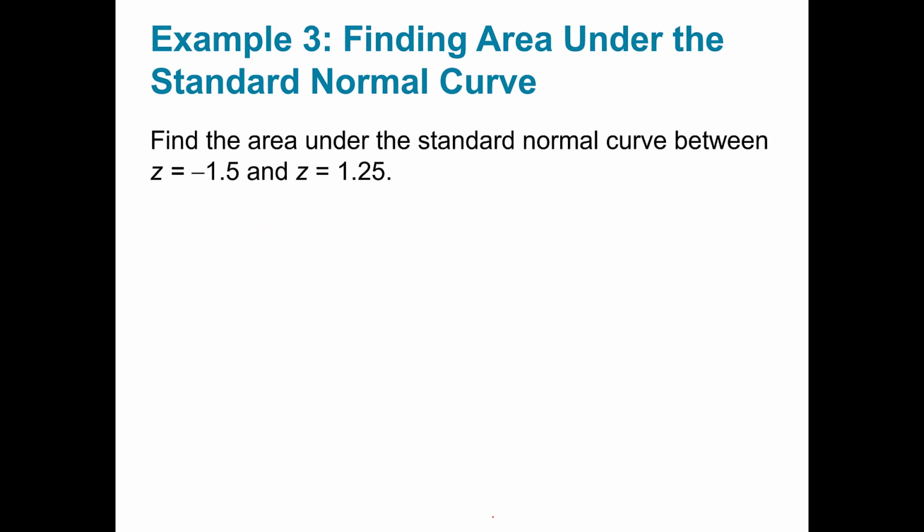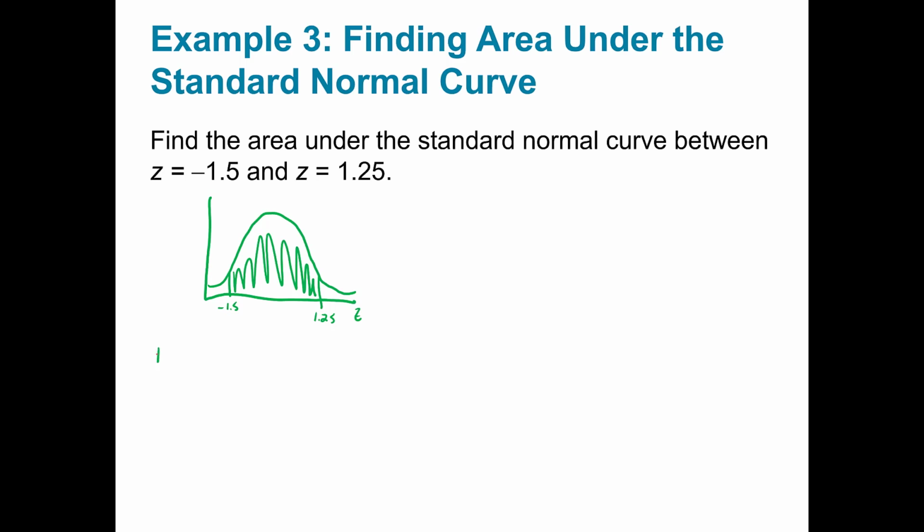Lastly, let's find the area under the standard normal curve between z equaling negative 1.5 and z equaling 1.25. Same idea, so sketch our normal distribution. Negative 1.5 somewhere about here, and 1.25 somewhere about there. We want the area in between the two, so this area in the middle.